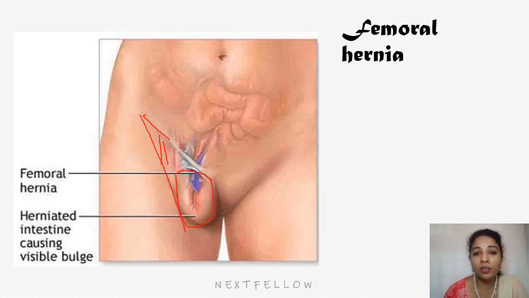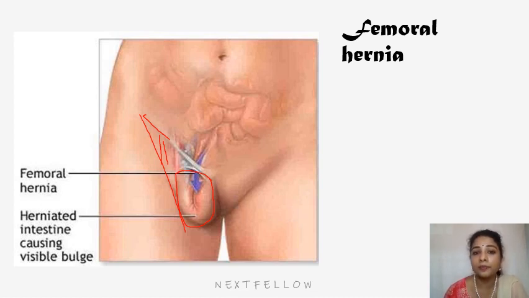When the lacunar ligament is divided to release the neck of the hernia, care must be taken to avoid an aberrant obturator artery. There may be an obturator artery within the lacunar ligament. That is not always, but in a few individuals it may be present. In such cases there may be a chance of cutting the obturator artery, causing bleeding. So the surgeon should take care of the lacunar ligament.